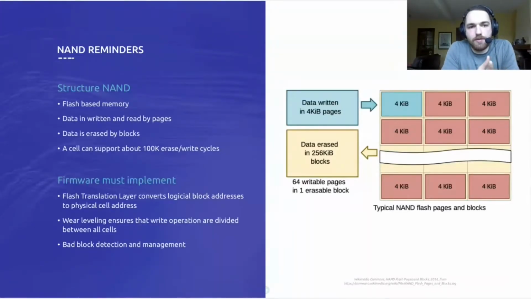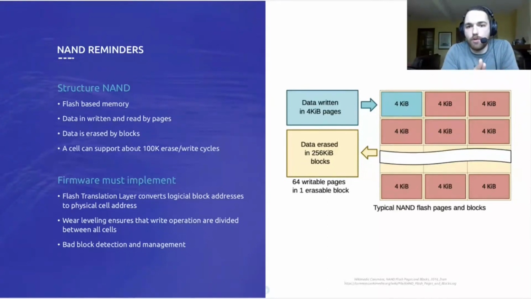The NAND is kind of a tricky beast to write to because you don't just write bits and bytes on it. You write and read pages, which are blocks of typically, in this example, 4 kilobytes. And when you need to write over a page you have already written to, you need to erase a whole block of data which contains multiple pages.